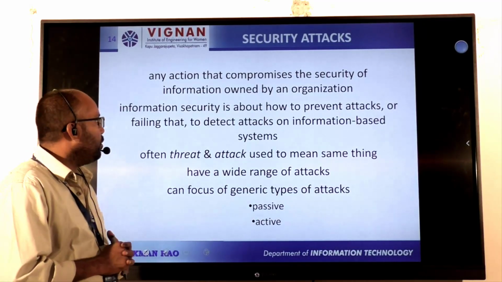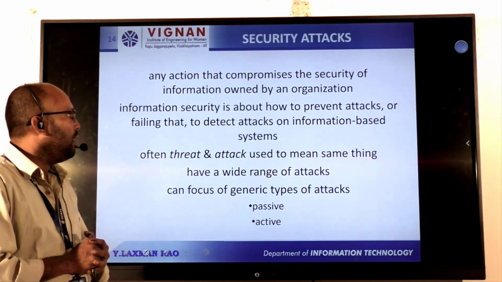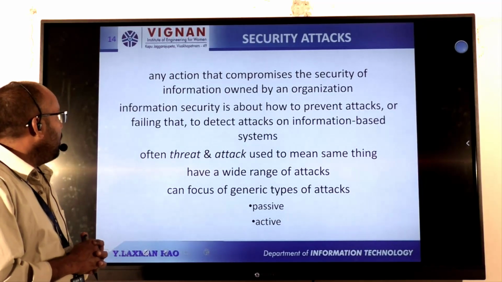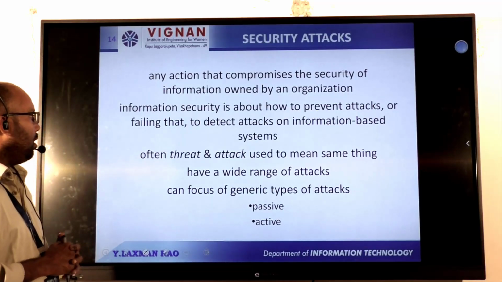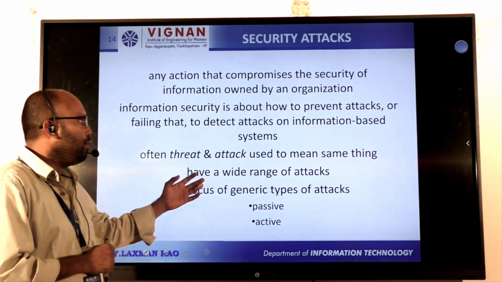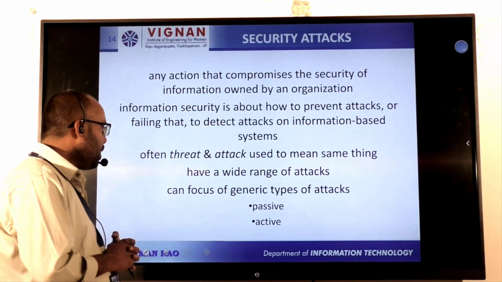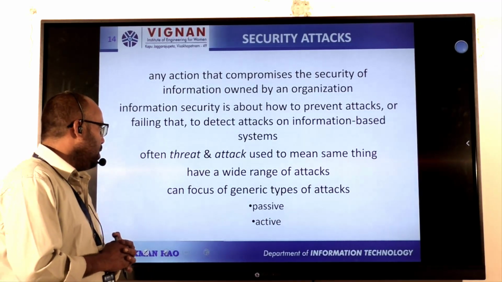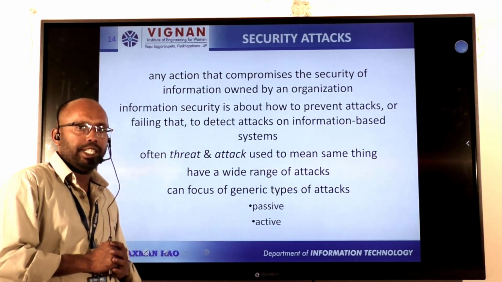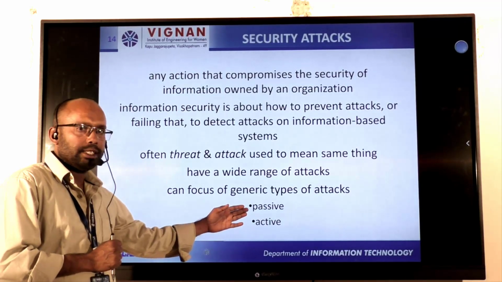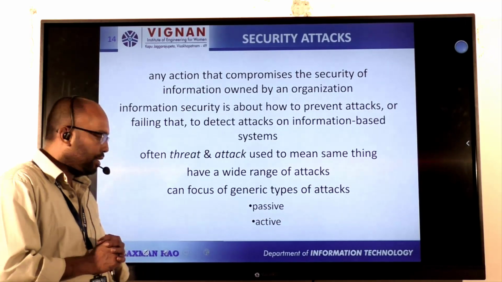Information security is about how to prevent attacks, or failing that, to detect attacks on information-based systems. Often threat and attack are used to mean the same thing. There is a wide range of attacks, which can be classified by generic types. The basic types of attacks are classified into two types: passive attacks and active attacks.